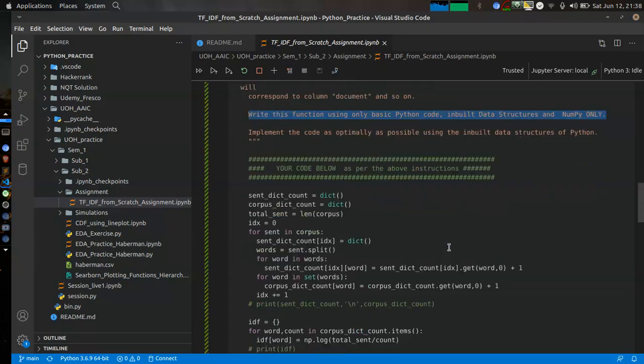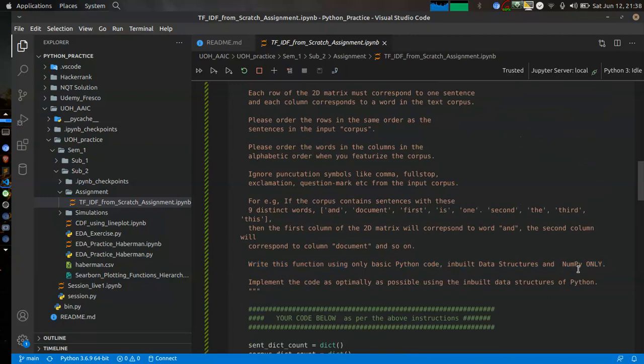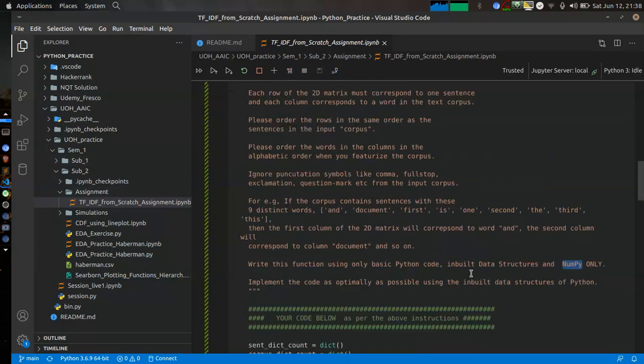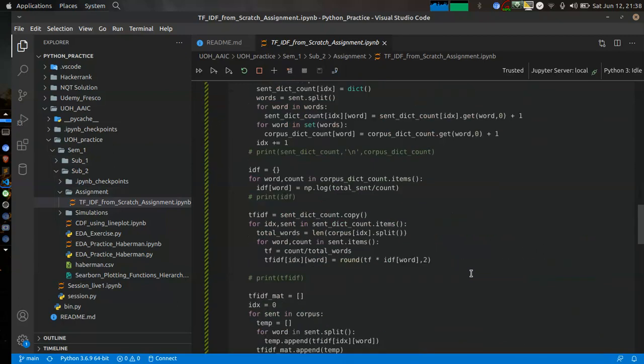We just use inbuilt data structures, Python code, and NumPy. Even if you want to find the log, you can use np.log, so you don't even need to import math, but it's fine, we can import math.